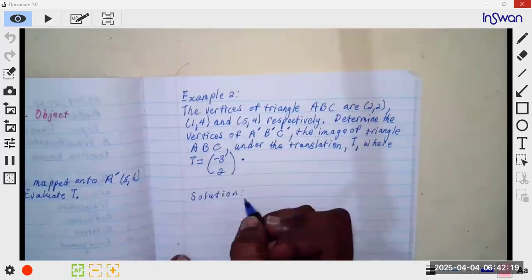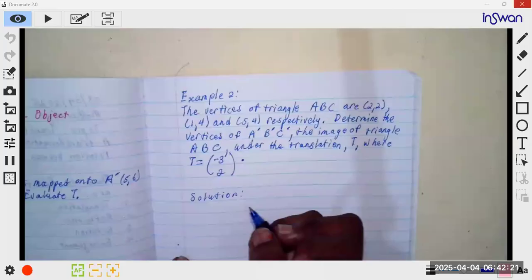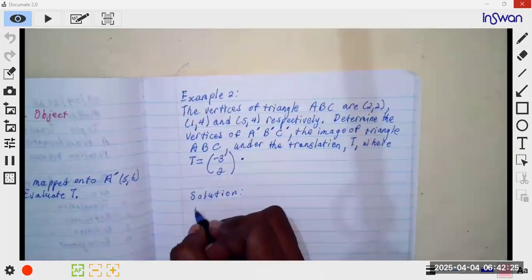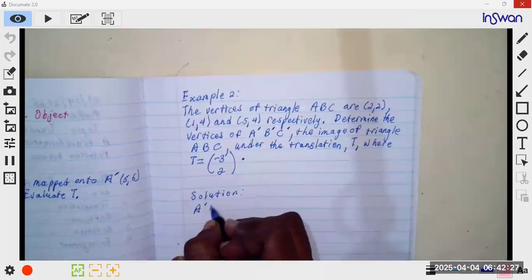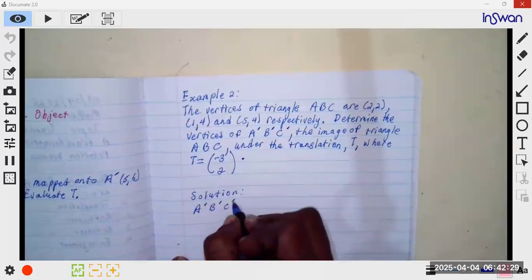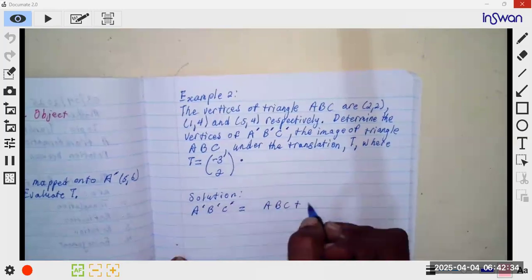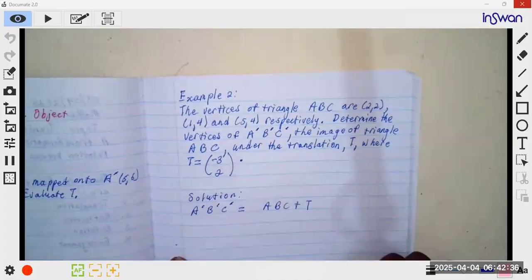We know that to be able to get your image, so if we want to find A prime, B prime, C prime, this will be equal to A, B, C plus your translation vector. All right? So let's work that out.